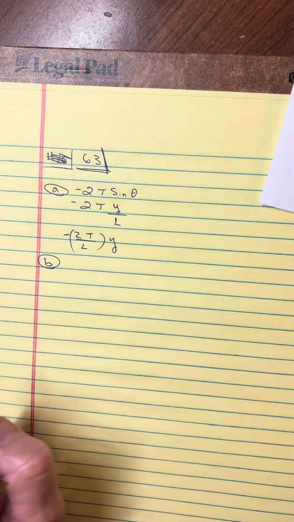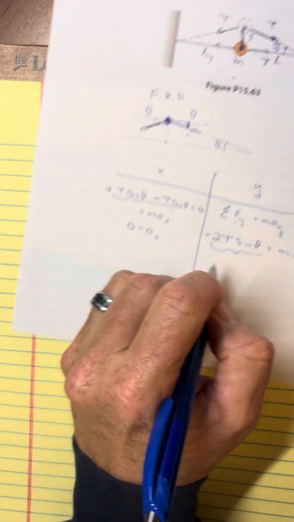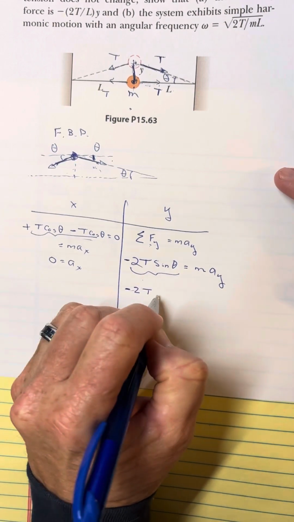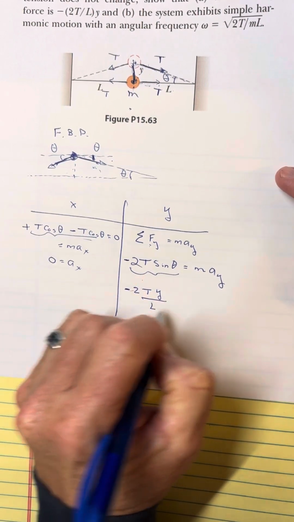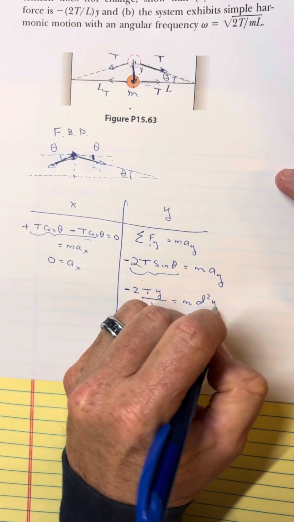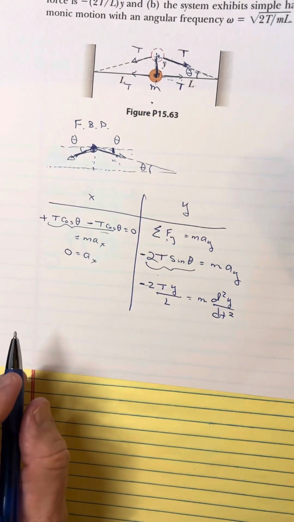Because, again, going along this equation, I'm calling this a negative 2Ty over L minus ma, and a is the second derivative of position with respect to time.